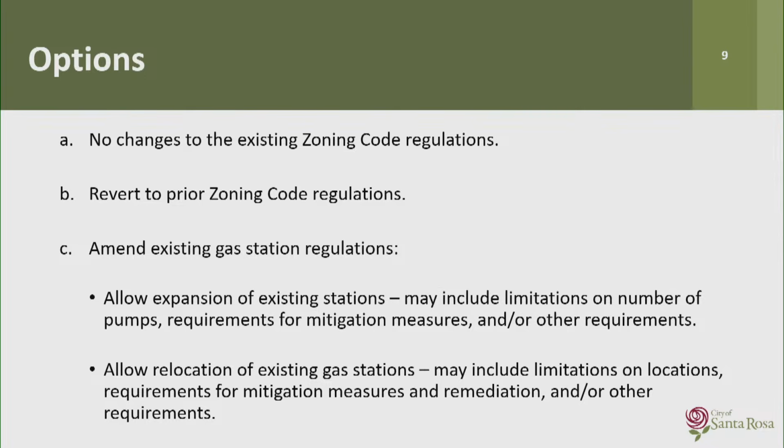We've got two potential examples here. One would be for expansion of existing stations, which could include limitations on the number of pumps, requirements for mitigation measures, and any other requirements that council wanted to see. And then potential for relocation of existing gas stations, which could include limitations on locations, requirements for mitigation or remediation, or any other requirements. It could be any combination thereof with potential amendments.